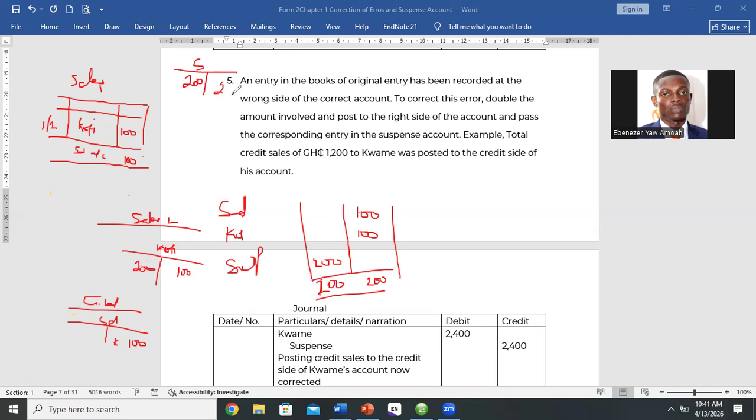And that would correct the error, because immediately you do that, suspense will go off your trial balance. There will be nothing like suspense. And then Kofi will not have a credit balance, but will have what? A debit balance of 100. Making your new trial balance totals being 100, 100.